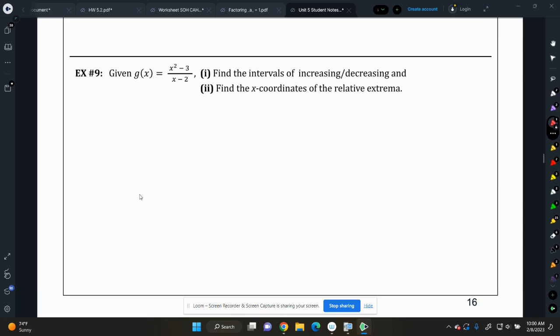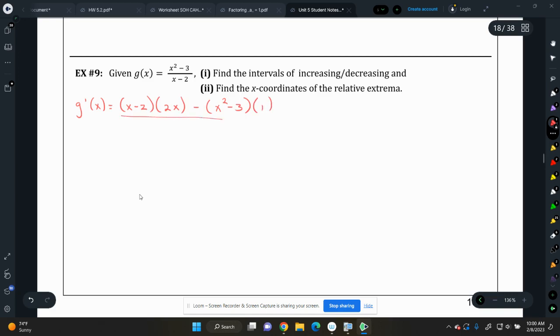Okay, let's take the derivative, right? G prime of x equals low d high, so 2x, minus high d low over low squared.